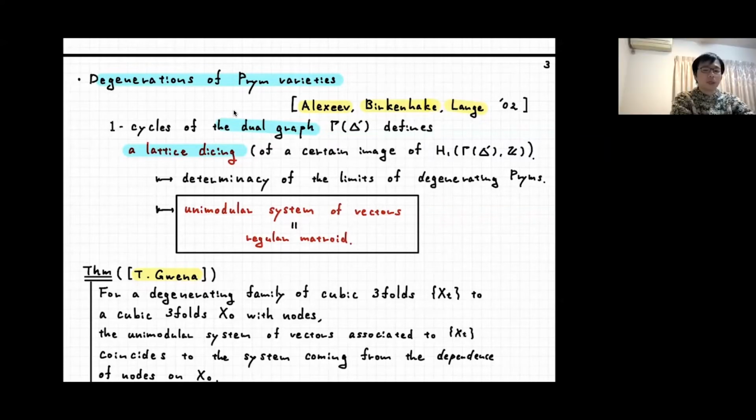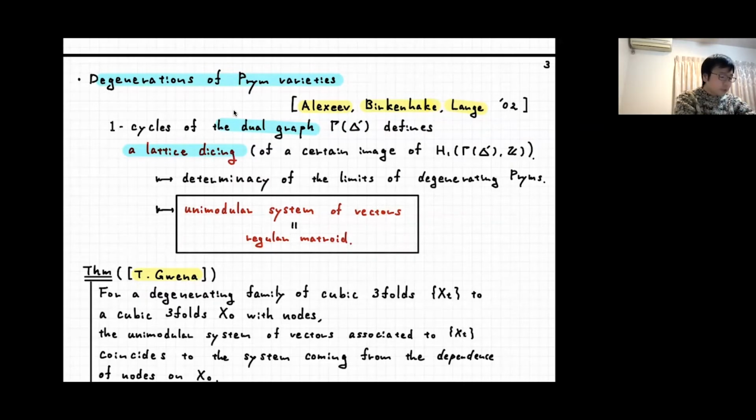So it means that we can observe it in a combinatorial way. Starting from graph theory and such combinatorial discussion, we obtain results from the regular matroid, and such a result gives information on the unimodular system of vectors and even the indeterminacy or determinacy of the degenerating Pryms. In this way we obtain some information.